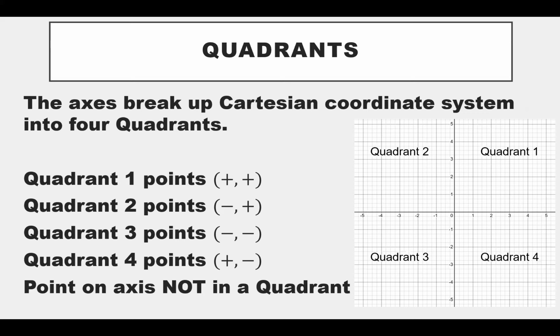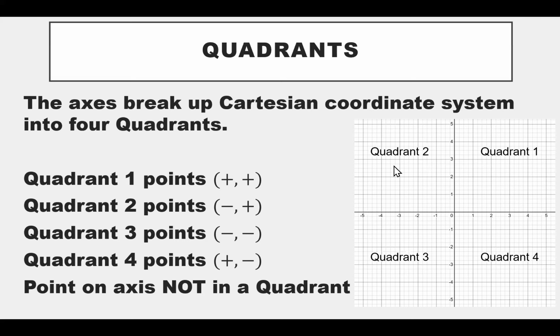Another thing about this rectangular coordinate system or Cartesian coordinate system is that it naturally splits into 4 quadrants. Here we have those quadrants labeled. Quadrant 1 is in the upper right-hand side.